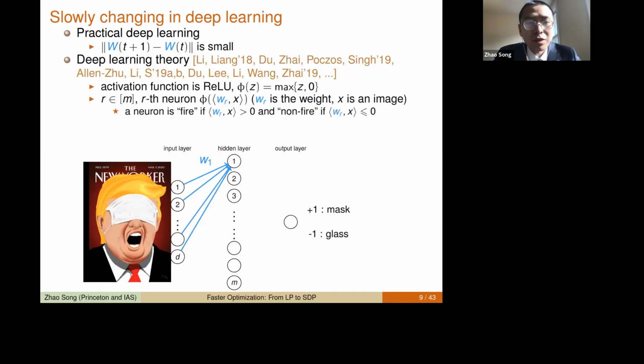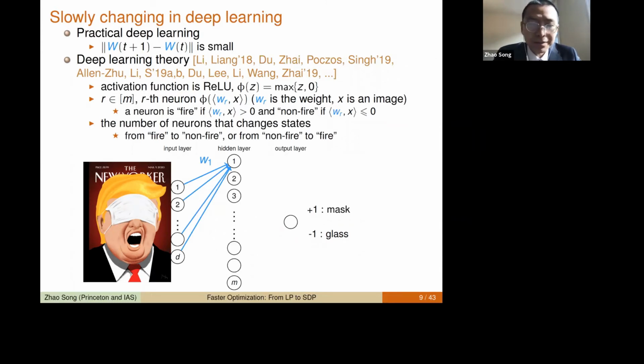Usually we say a neuron fires if the inner product between the weight W_r and your input image is 0 or bigger than 0, and we say it is non-fire if it is below 0. The major observation in the theory of neural network training is that the number of neurons that change their states is very small. A change in state means a neuron changes from fire to non-fire or from non-fire to fire.